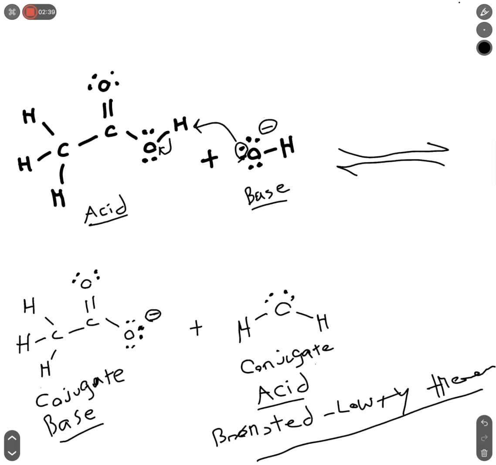For an acid-base reaction to occur, the acid on the reactant side must be deprotonated by the base.